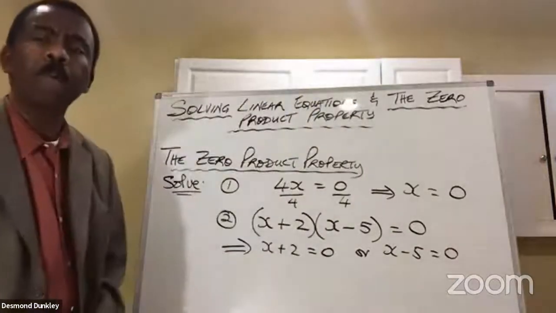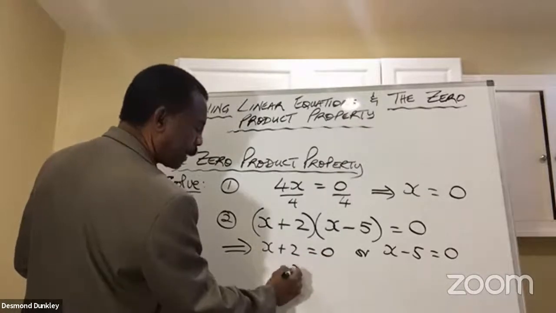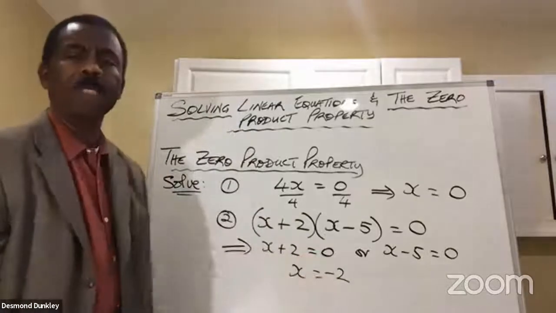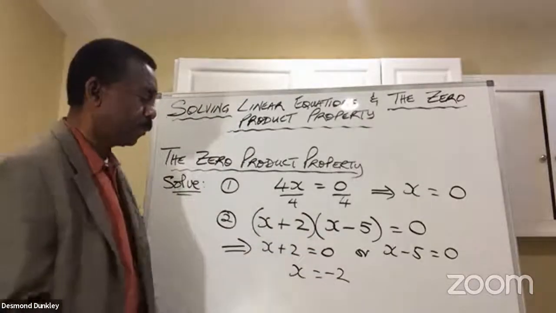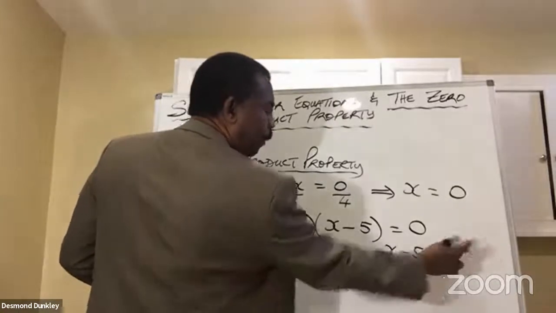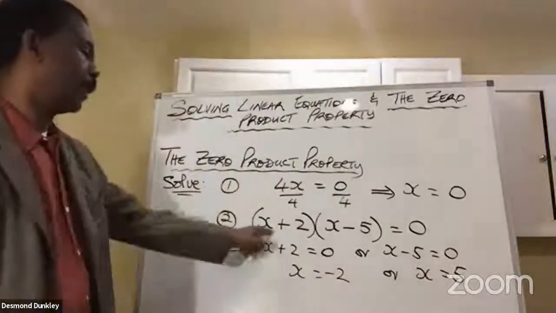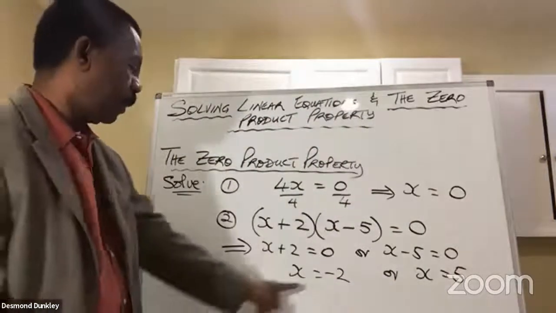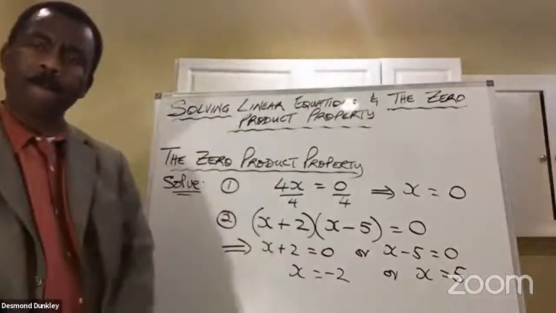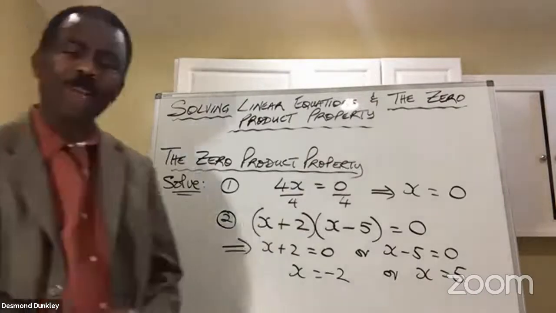One of these two must be correct. In order for x plus 2 to be 0, x has to be equal to negative 2. We subtract 2 from both sides. So x is negative 2, or from this part, add 5 to both sides, x is equal to 5. So this question gives you two answers, negative 2 or positive 5. Zero product property. Let's try another one.